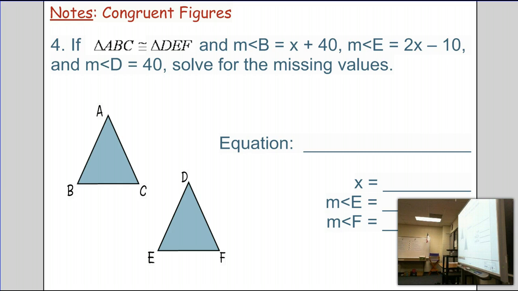Kate, go write the equation. Jalissa, go write X. Hannah, go write angle E. And Bailey, go write angle F.